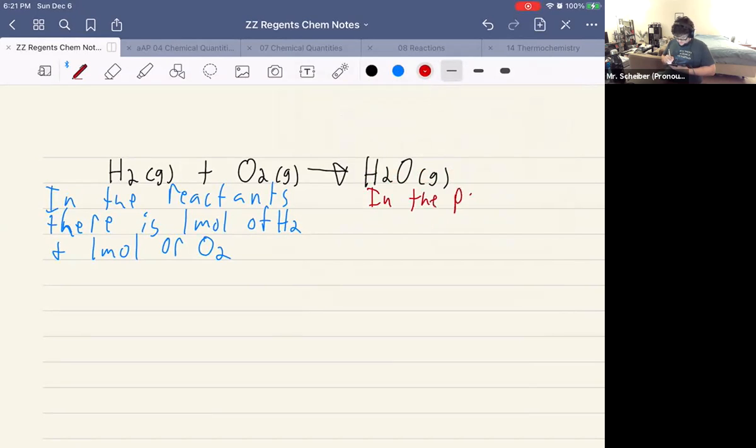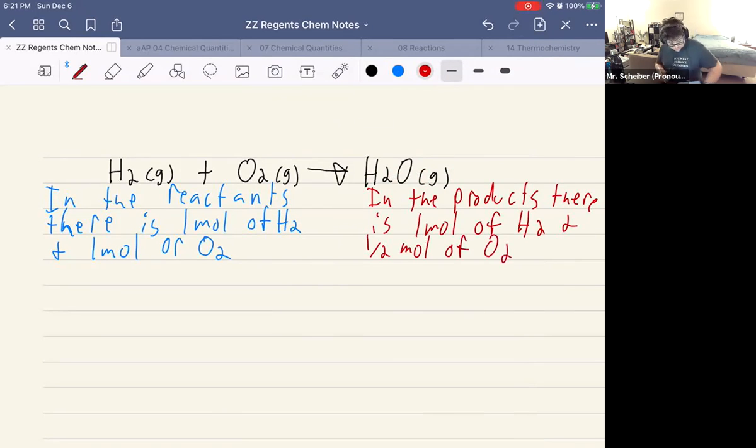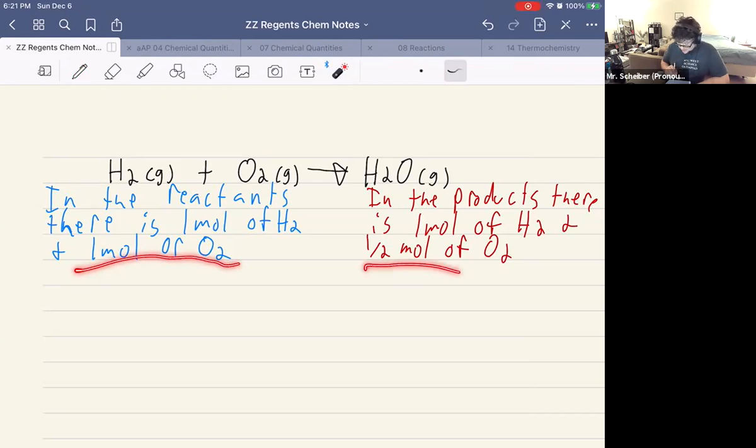In the products, there is 1 mole of H2, and this is tricky, and 1/2 a mole of O2, or 1 mole of O atoms. So notice how 1 mole of O2, 1/2 a mole, we broke the law of conservation of mass.